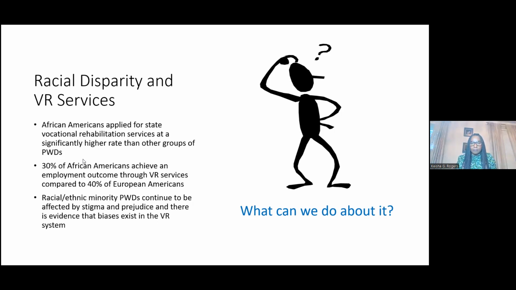And I don't know if that's fear of the government, another system involved, but that's what I see. I do see racial disparity in some VR offices around the state of Missouri.